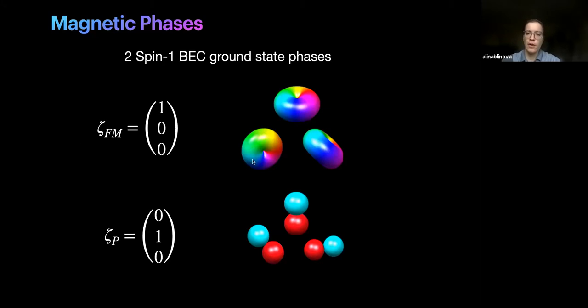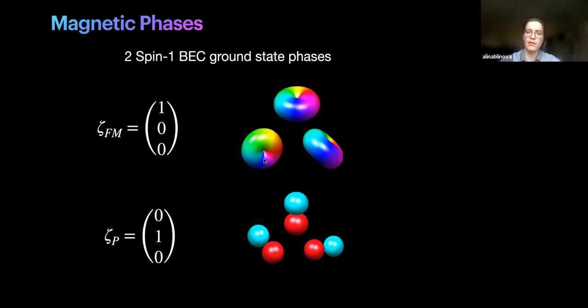Now, in the case of the ferromagnetic order parameter, we have kind of a donut shape. You can think of p orbitals, like your electron orbitals in an atom. So it's the same principle here. Again, this is just a visual representation, so the details don't matter so much as what we get from it.